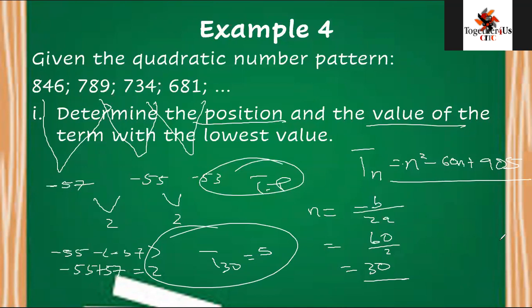Just be careful not to exhaust your calculator with memory, and you can see all other terms that you find except term 30 will all be bigger than the value 5, because term 30 with the value 5 is the only term that is the minimum or the lowest.